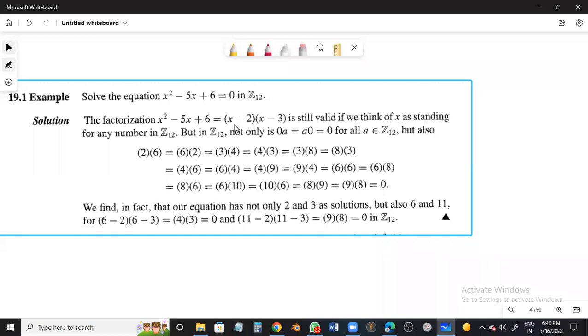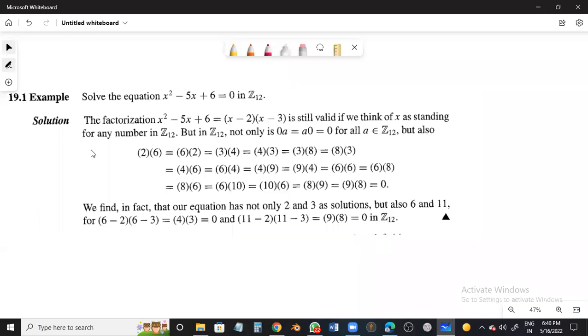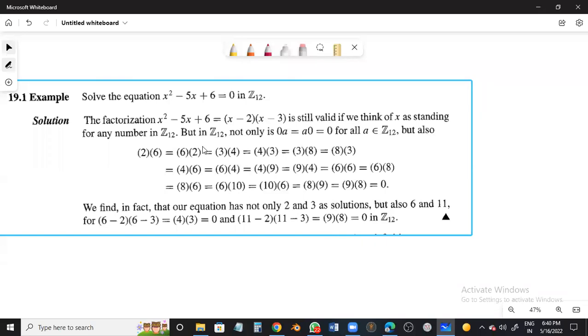What minus 2 is 8? 10 minus 2 is 8. What minus 3 will give you 6? 9 minus 3. That way you'll get the values of x over here. I suppose you are getting my point. So this way you can get the values of x from Z12.